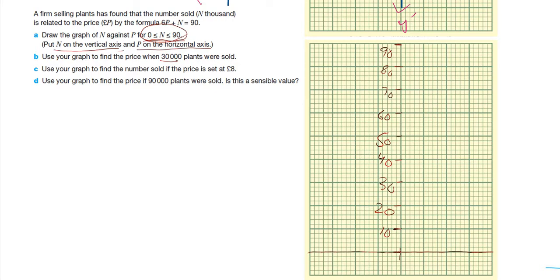So that's your origin 0 0, and now we have to consider, okay, when there is dollar graph n against p, we have to find out the value of p by putting 0, 10, 20, so that we can get an approximate value for that. Okay, so let's use this graph. 90. All right, so when your n is 90, then what would be your p?